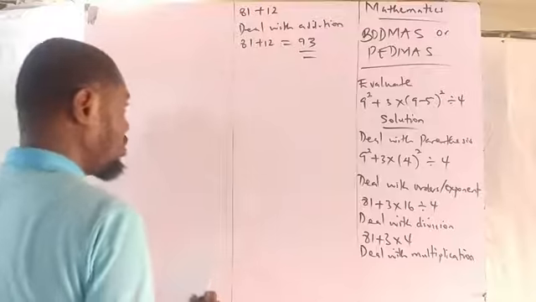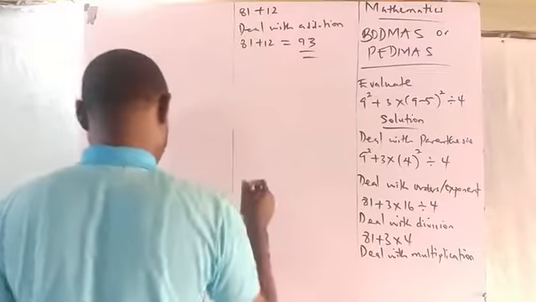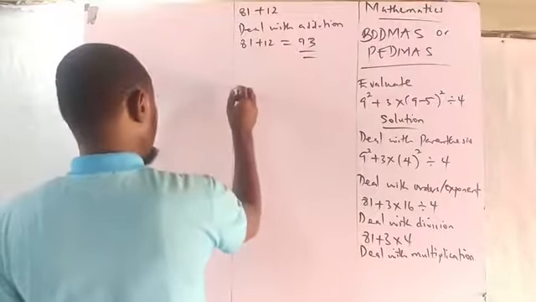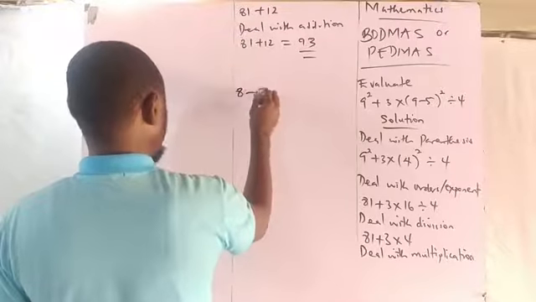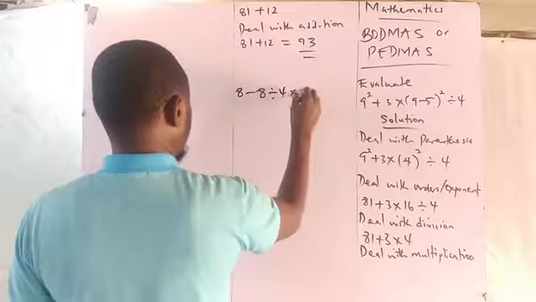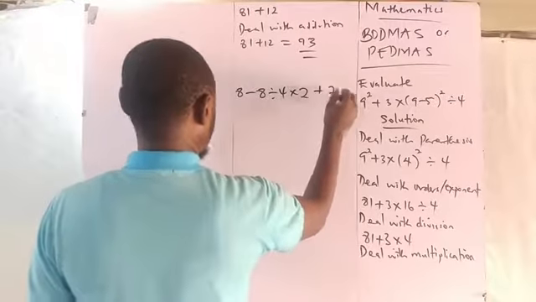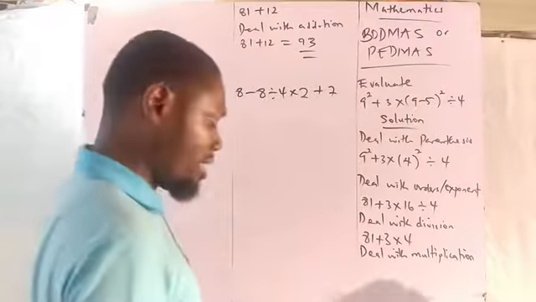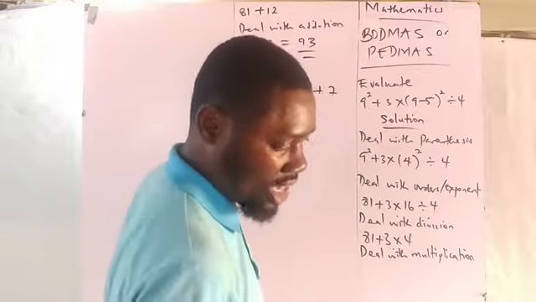Let's try another problem using the same BODMAS or PEDMAS. We have 8 minus 8 divided by 4 times 2 plus 7.